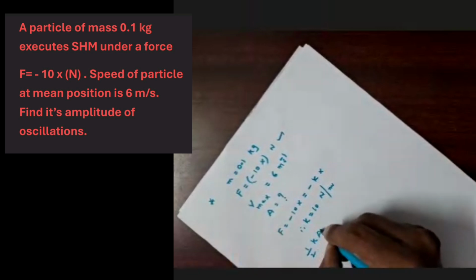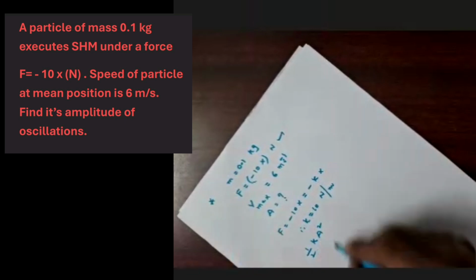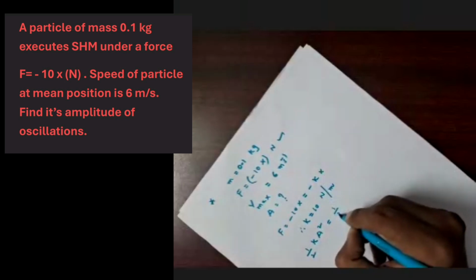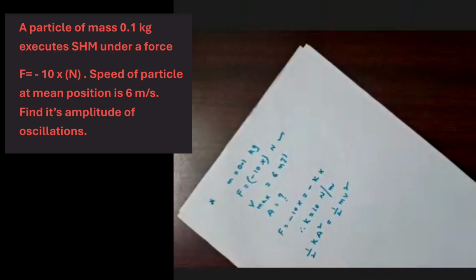Half k x square with x equal to a, at the same point the total energy, that is half k a square, must be equal to half mv square. At the mean position the velocity is maximum, so the kinetic energy is also maximum, half mv square.